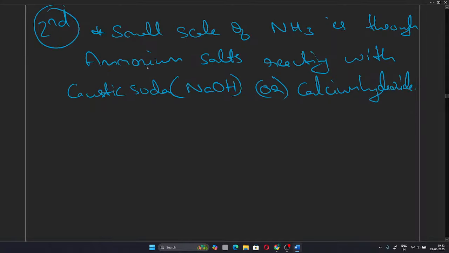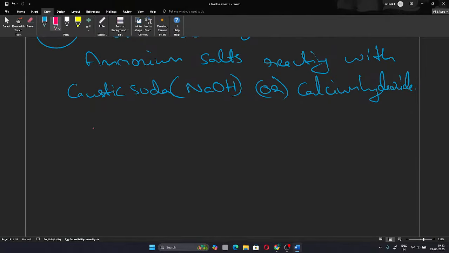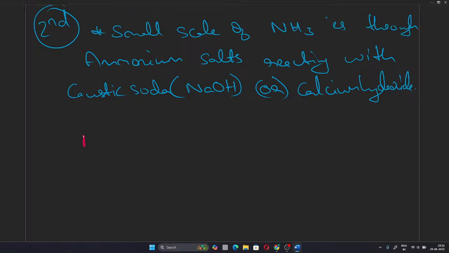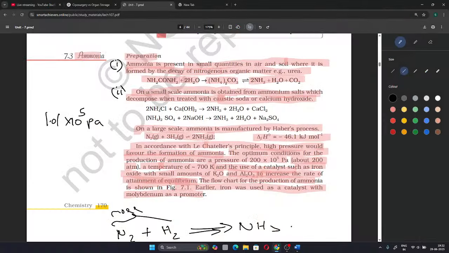The reactions are NH4Cl plus Ca(OH)2 gives NH3, water and CaCl2.